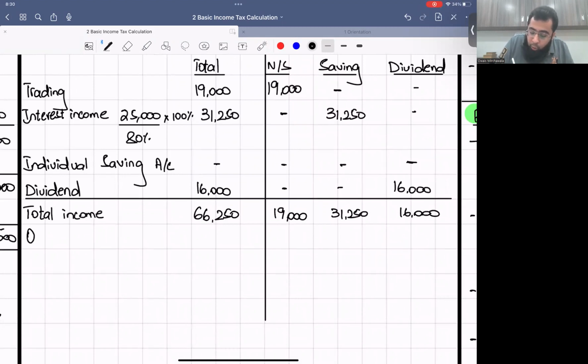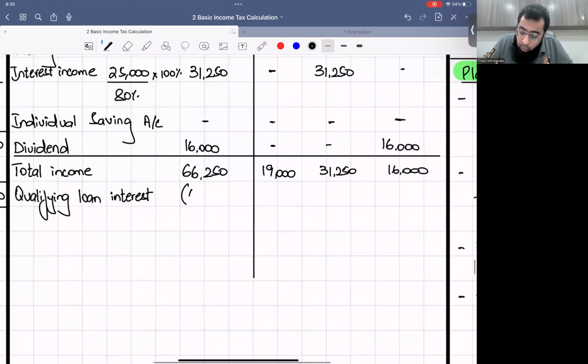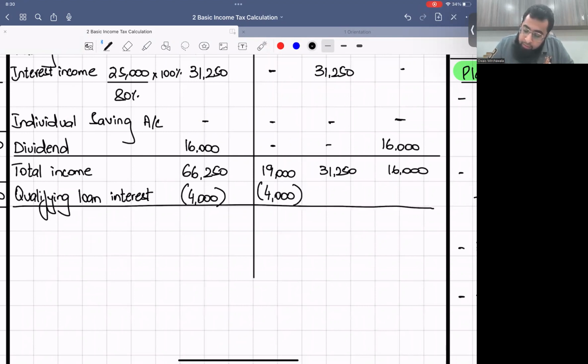Now we'll adjust qualifying loan interest expense. Qualifying loan interest expense, it's 4,000. Loan to invest in cooperatives, we'll adjust in the column of total, and the classification head is non-saving. This gives us net income.